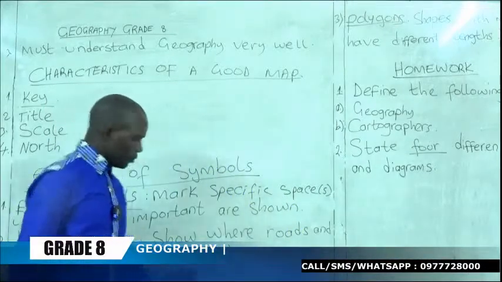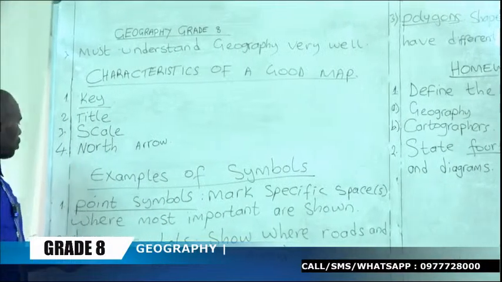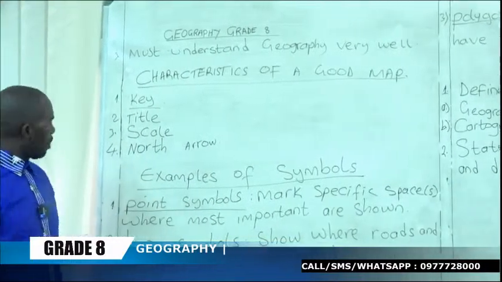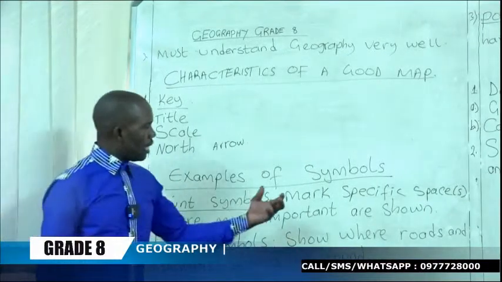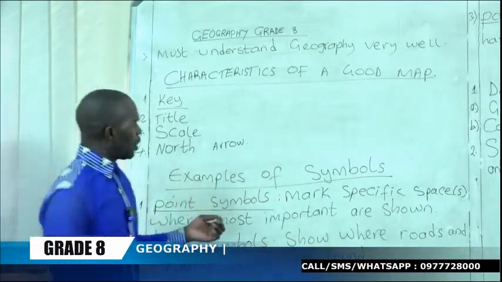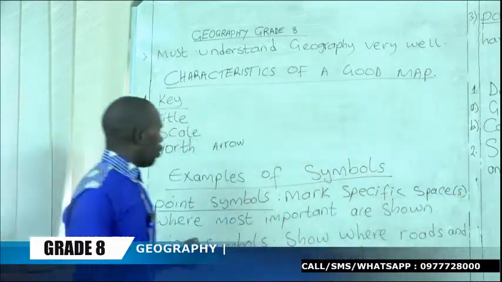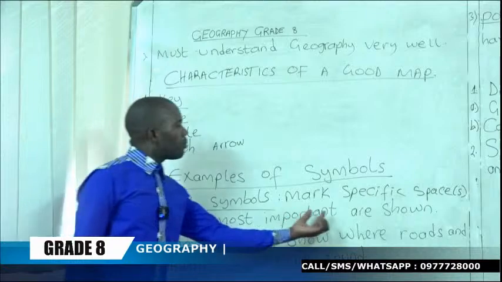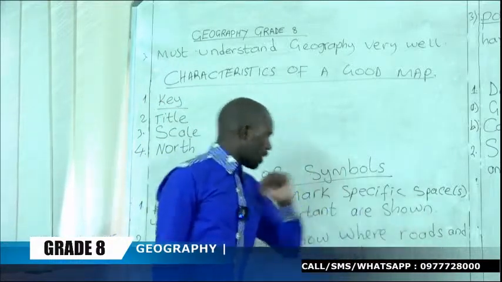Maybe I allow them to see through the examples of symbols written down here. Point symbols. These are simply the mark which specifically locates or shows where the most important things on the maps should be. That's what we mean here.